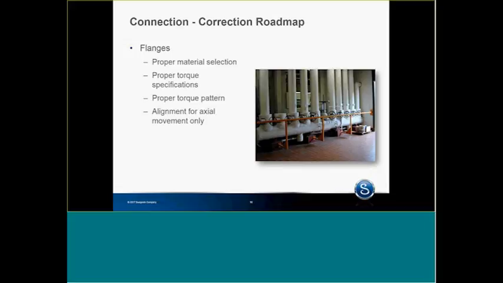If you do that, then, as you see in this picture, this piping system, which has flanged valves, has been in there 25 years, okay? Never really been touched because they used the proper gasket material, they used the proper torque specifications and the torque pattern. And they made sure this system will only have axial movement on the flanges, thus have no leakage. Just remember, flanges do not leak today.